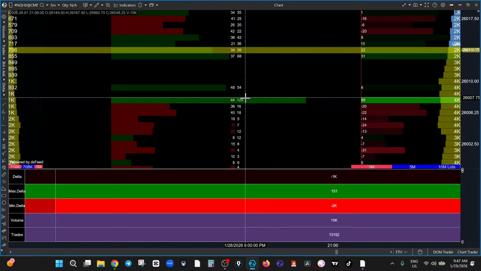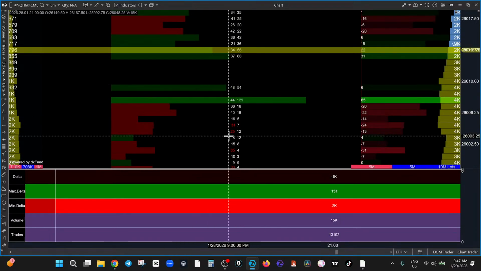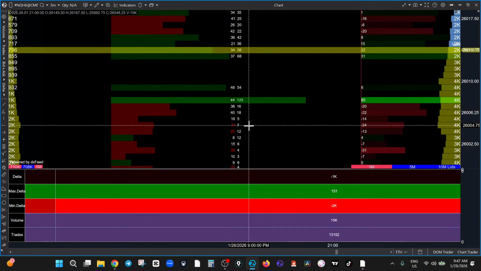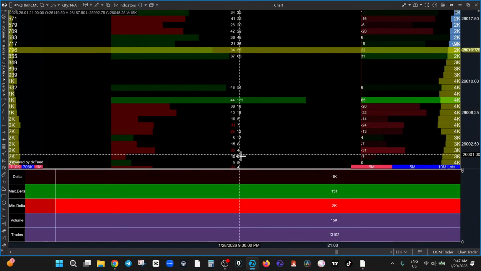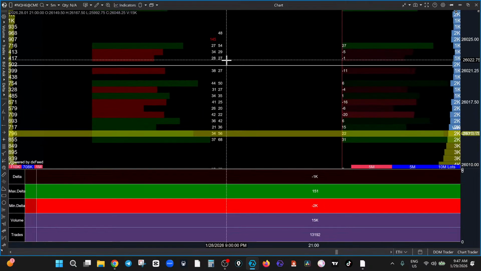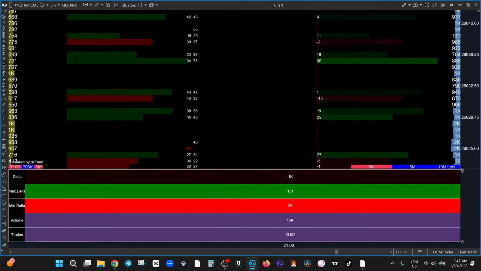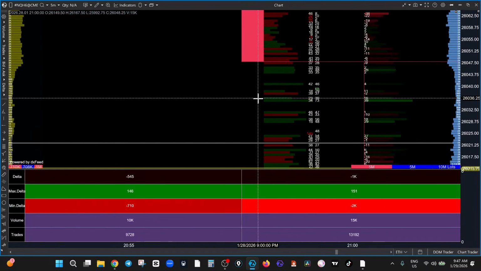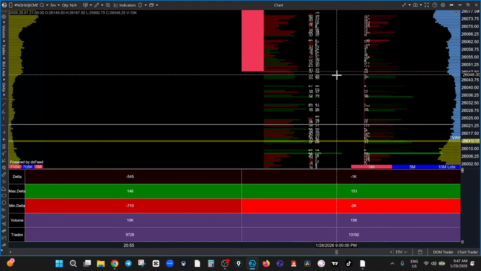Okay. 120 compared to the number here, 25, they're not up to 120. After they were absorbed, buyers jumped in. Okay. Push price. Right. Push price up there.